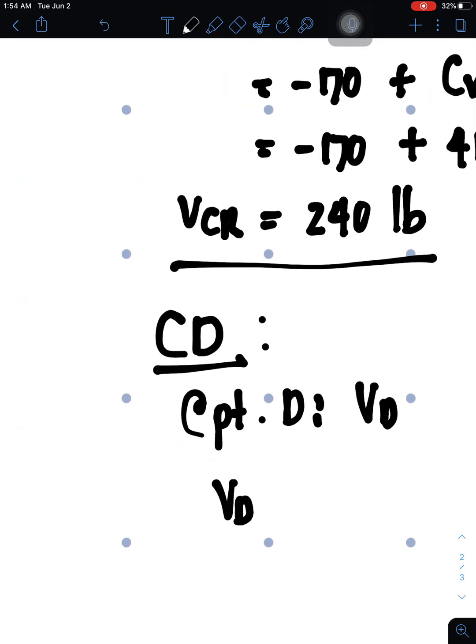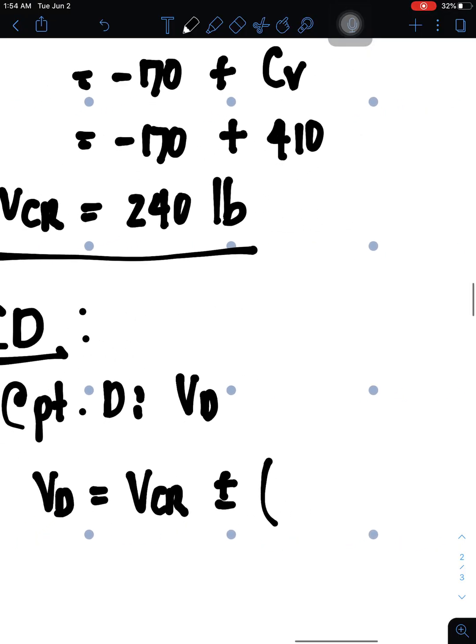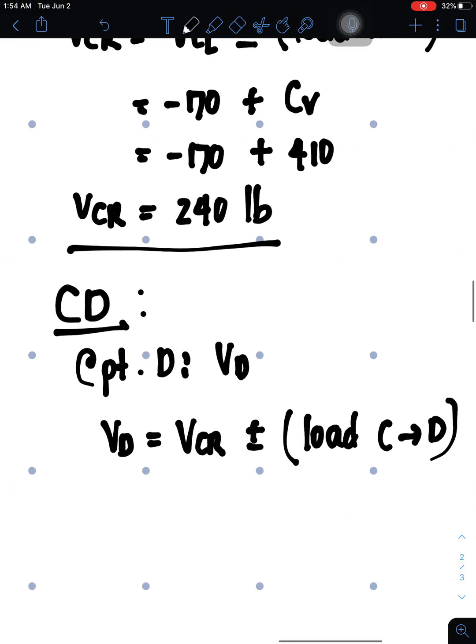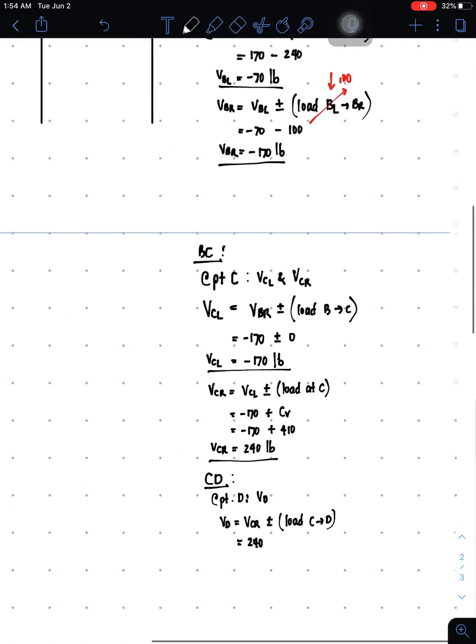So, VD equals, copy the previous value, VCR, then plus minus the load from C to D. What is the load from C to D? We copy VCR, by the way, that's 240.